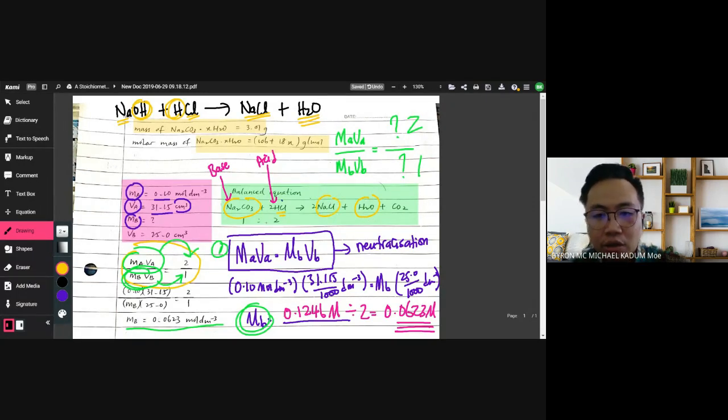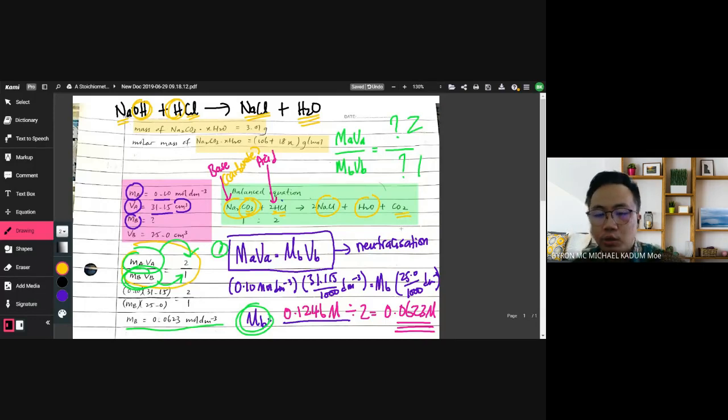Betul? So, kita ada oksigen sini, kita ada H di sini. Dapatlah H2O. Tapi kita ada juga CO3. Kalau kita punya base itu adalah carbonate, okay, base yang berbentuk carbonate, kalau base itu berbentuk carbonate, dia ada tambahan produk iaitu carbon dioxide.